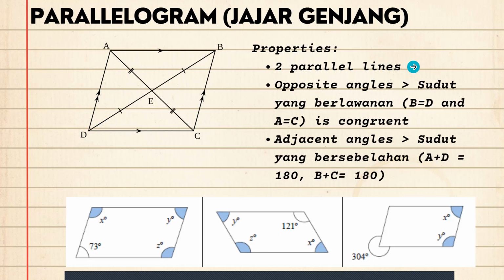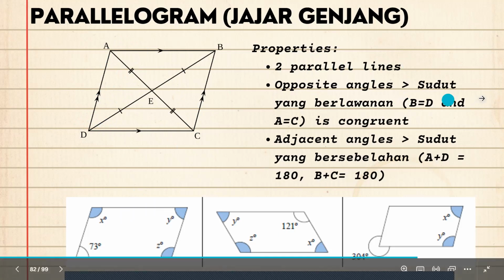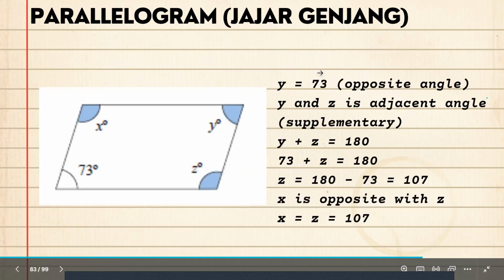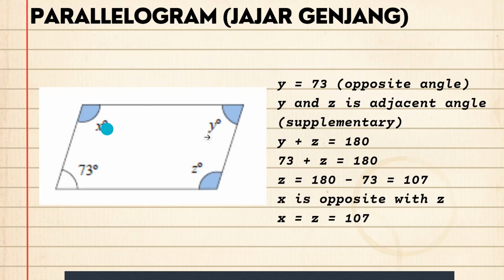Let's go to the example, the left question. What is the value of X, Y, and Z? If Y is opposite with 73, it means Y is also 73. And remember, Y and Z are adjacent angles, so they are supplementary.